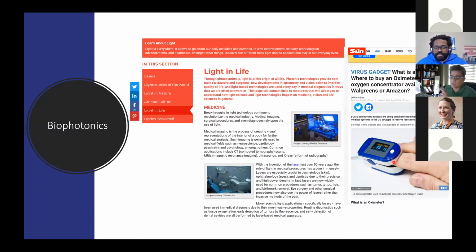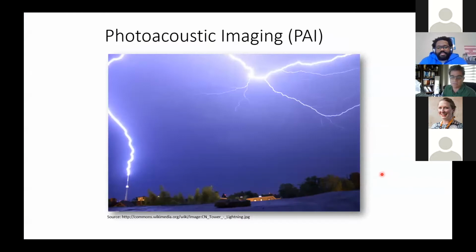So basically they use 2 different wavelengths of light to look at how much oxygen is bound to the hemoglobin in your red blood cells. So again, as you can see, light permeates everything, even during this COVID crisis, because one of the things that a lot of people have noticed is before somebody has problems with the lung, they see a big drop in the oxygen content of red blood cells.